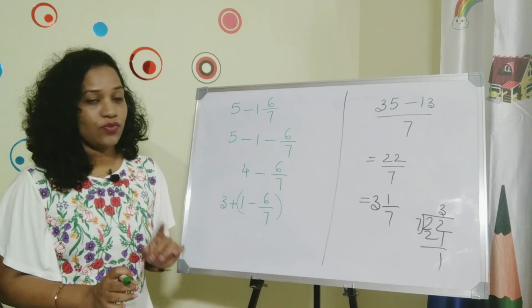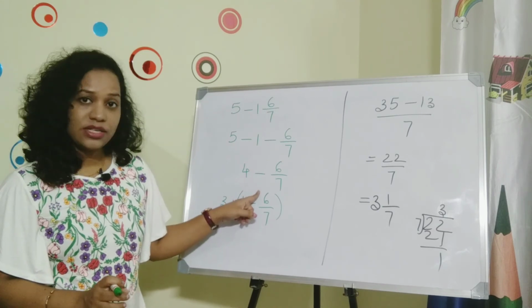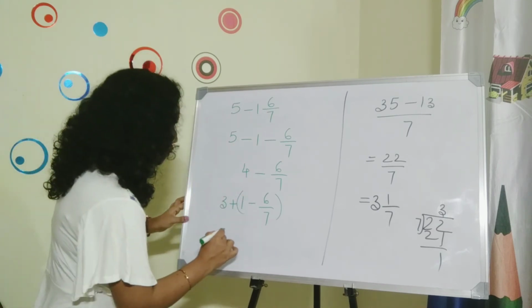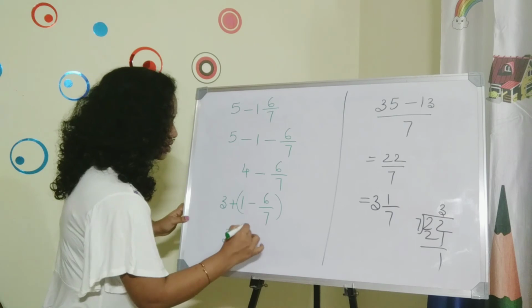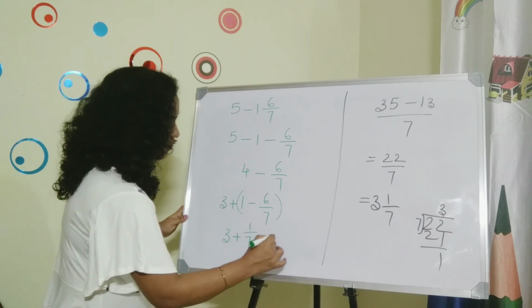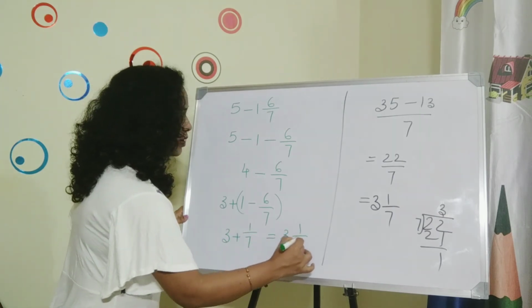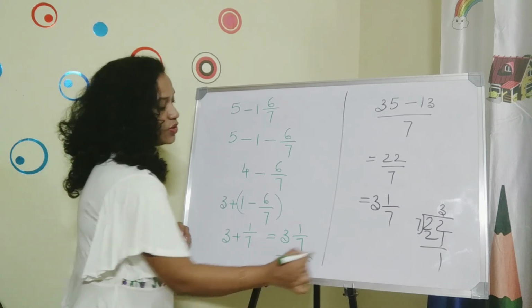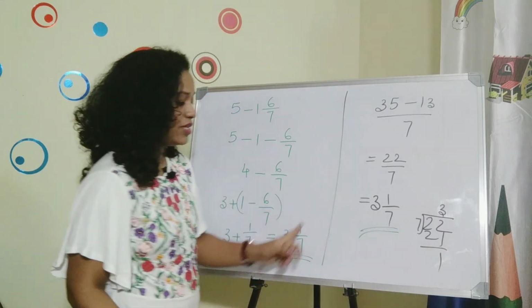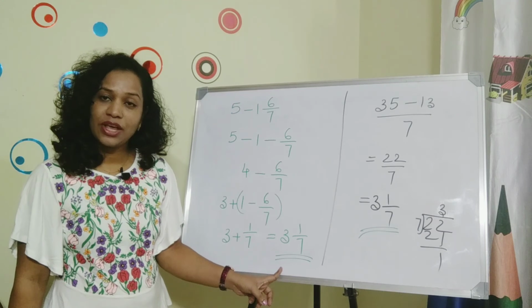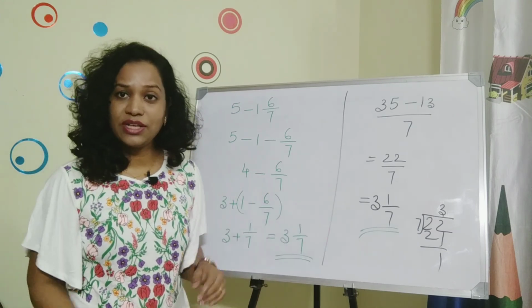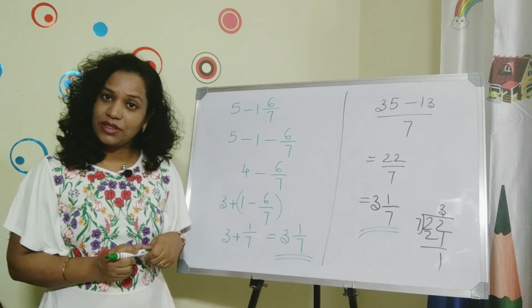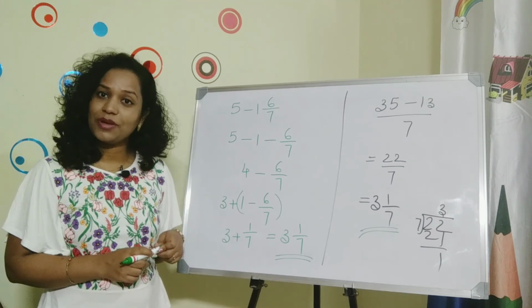How did you get that 1? 7 minus 6. So 3 plus 1 by 7. So the final answer is 3, 1 by 7. So look here. We got the same answer here also. So which method you found easier, you can choose that method to solve this type of problems.